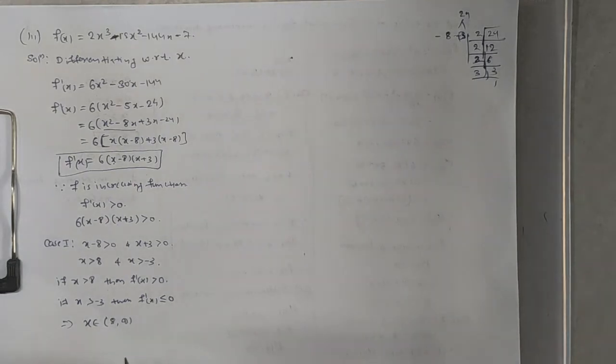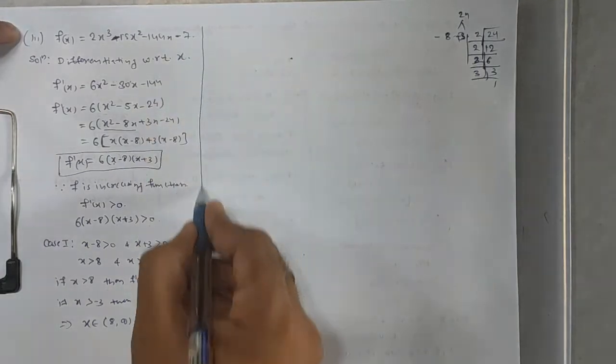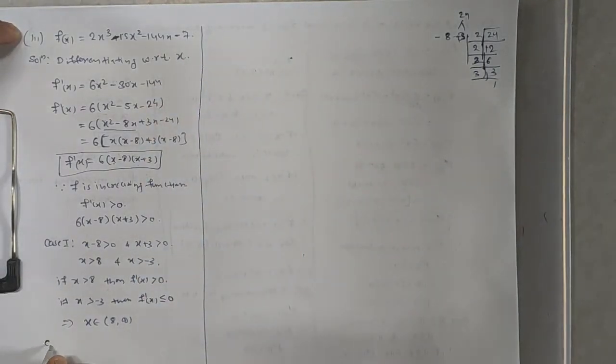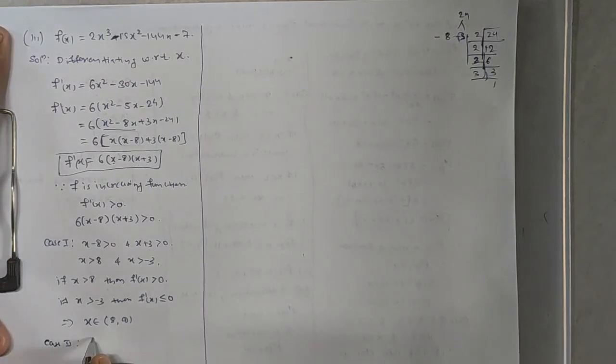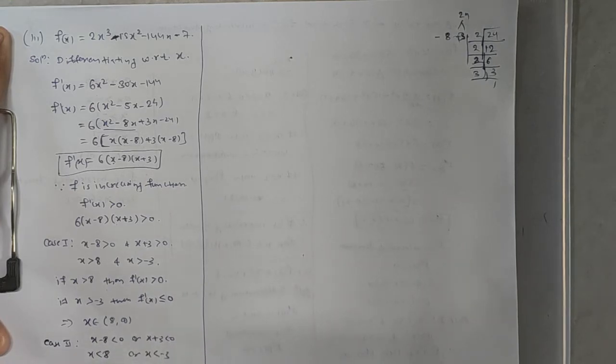Correct? Now case 2. In case 2, we can take both terms as negative. x minus 8 is less than 0 and x plus 3 is less than 0, when x is less than 8 and when x is less than minus 3.